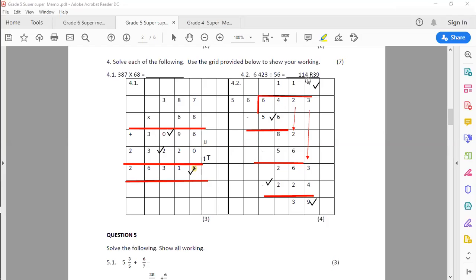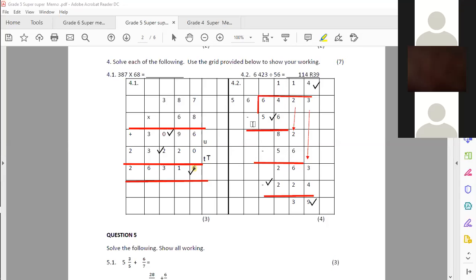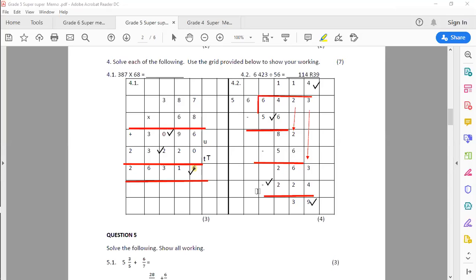Here, when it comes to the 4 times, when you see you have a big number, you test it out. So you're going to multiply 56 by 3, by 2, all of that. And then you're going to find that the closest I can get to 263 is 224. And then you move on like that. The actual trick of long division is with my quotient and what I am subtracting.